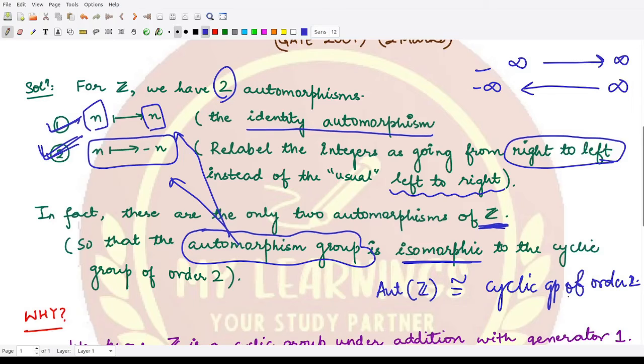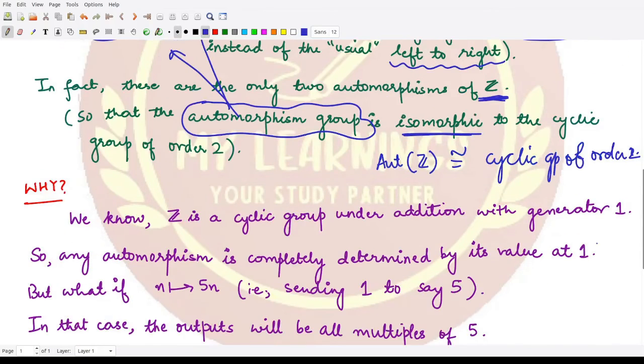Now why is this so? It is because the group of integers is a cyclic group, and under addition the generator is 1 or minus 1. You can add 1 repeatedly to get all the elements of this group Z. So an automorphism is completely determined by its value at 1.